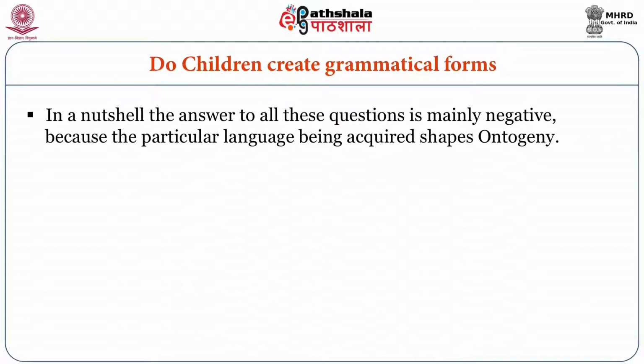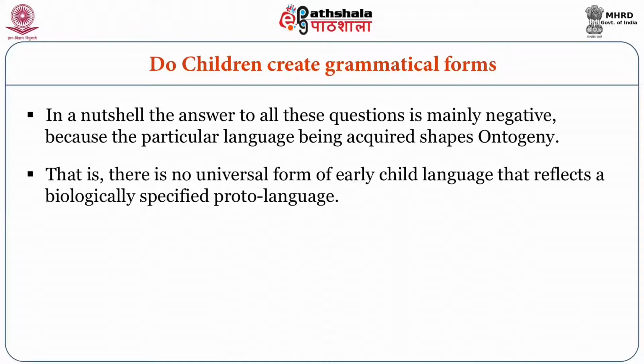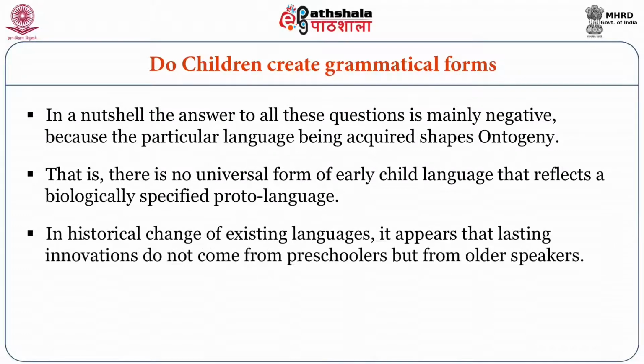In a nutshell, the answer to all these questions is mainly negative because the particular language being acquired shapes ontogeny. That is, there is no universal form of early child language that reflects a biologically specified proto-language. In historical change of existing languages, it appears that lasting innovations do not come from preschoolers but from older speakers.